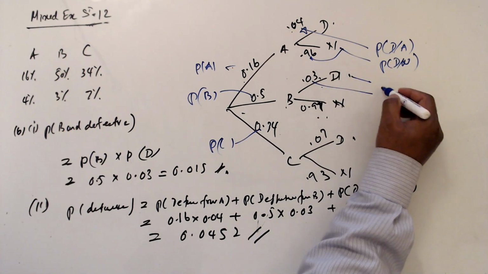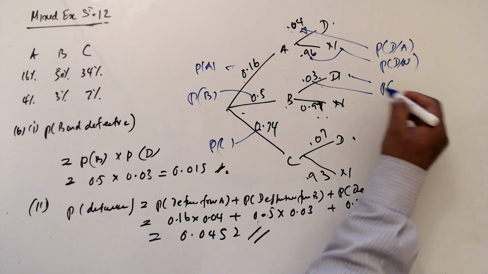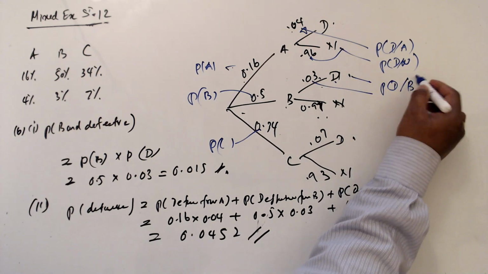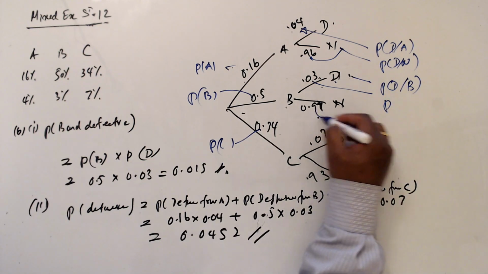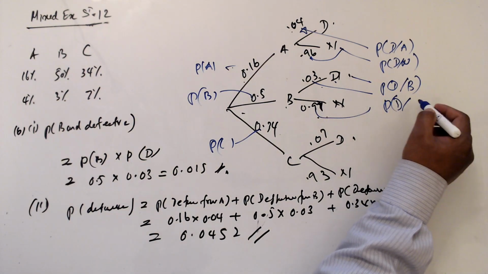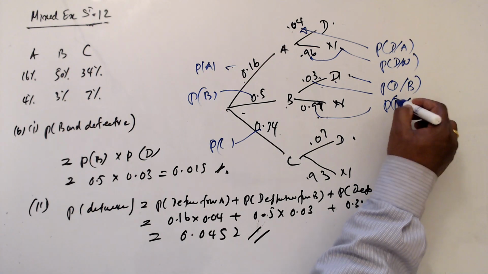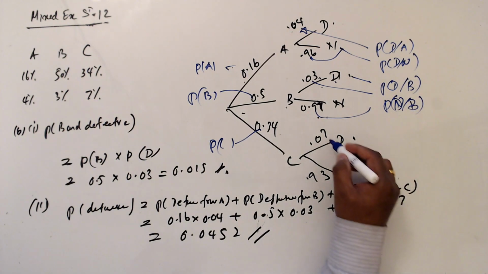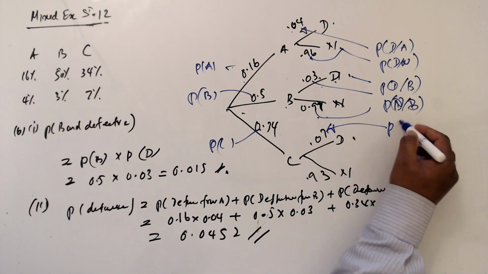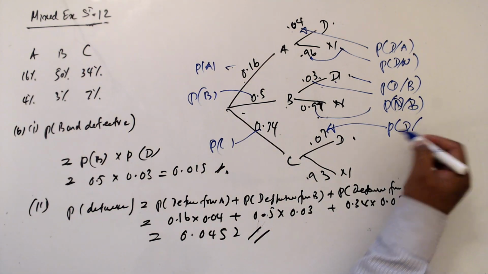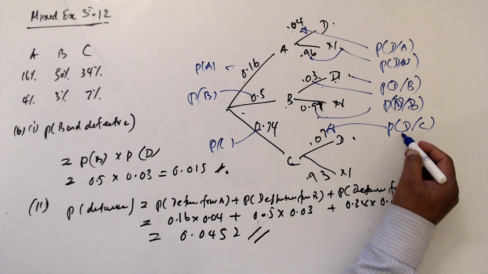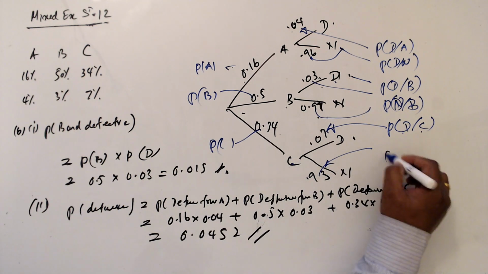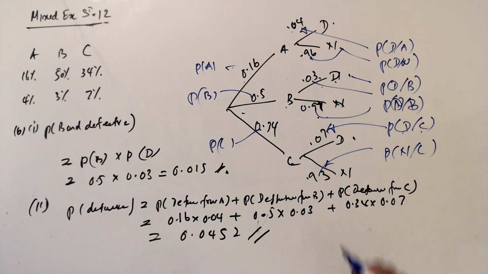And this is the probability of D given B. So this is the probability of non-defective given B. And this is the probability of D given C, defective from C, and this one is the probability of non-defective given C.